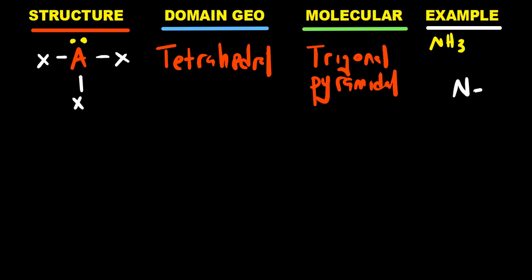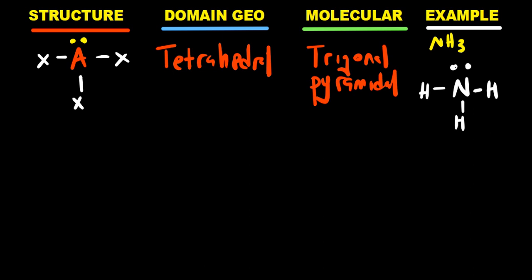This nitrogen is connected to H, is connected to H, it's also connected to another H. But on top of that, this nitrogen has a lone pair like that. So this will be the trigonal pyramidal. So it has one non-bonding pair, like that. So this is a tetrahedral structure.